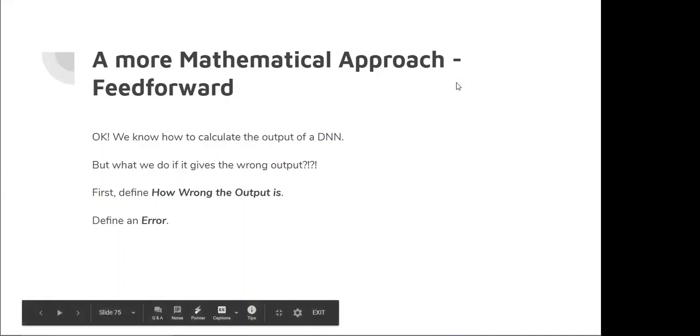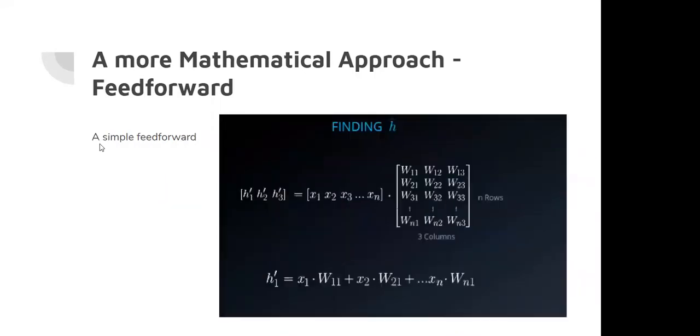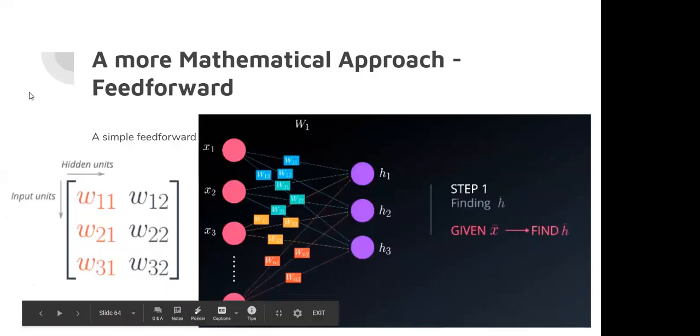Akash is asking. Yes, that's correct. Both are columns. This was when you introduced the weights 11, 12, 13, 21, 22, 23. If you go back, let me go back. Is he talking about this? Yes, that one. Both are columns. Yeah, this is a column, this is a column. This is a matrix, actually.